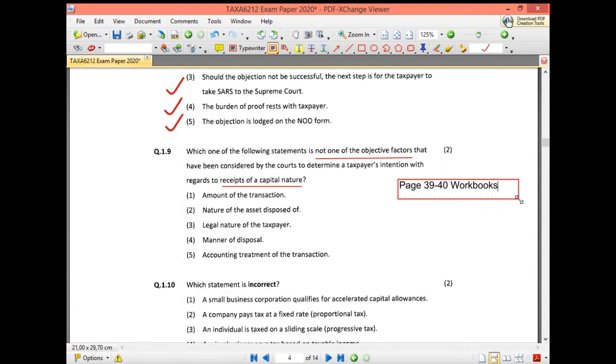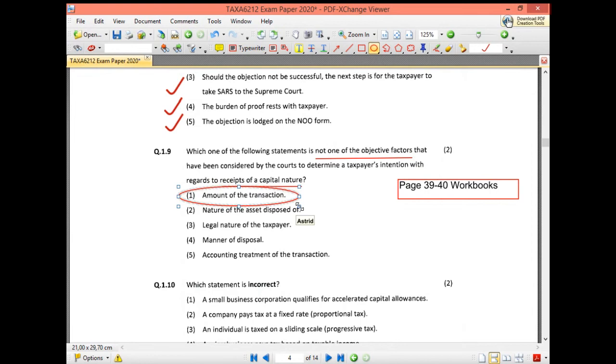So the options are the amount of the transaction, the nature of the asset disposed of, the legal nature of the taxpayer, the manner of the disposal, and the accounting treatment. Okay, now if you go read that list, the only thing they do not mention on that list is the amount of the transaction.